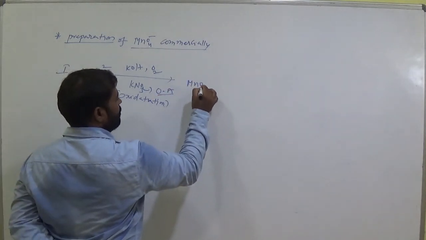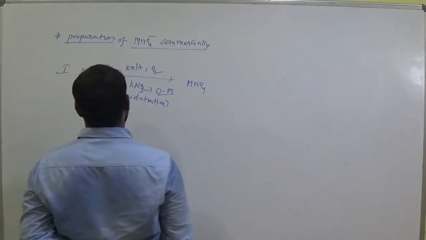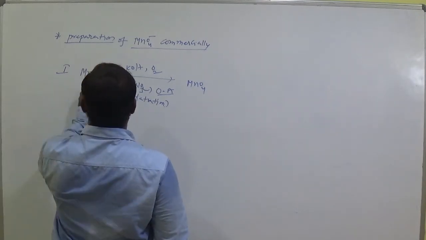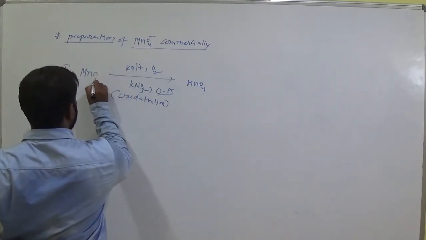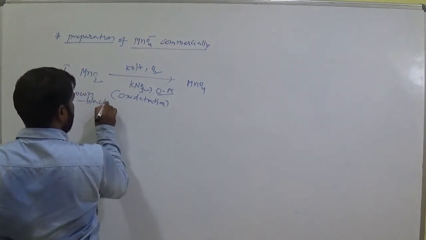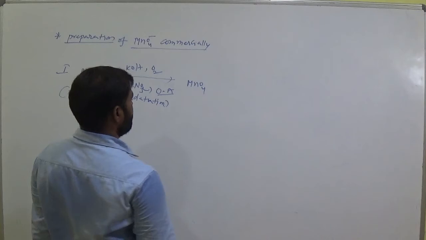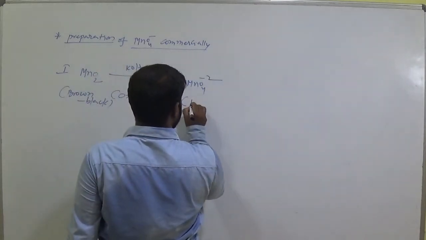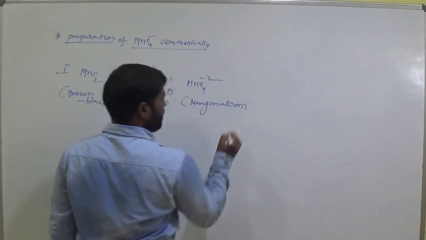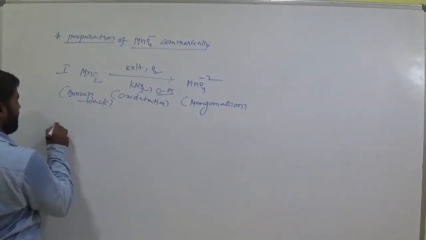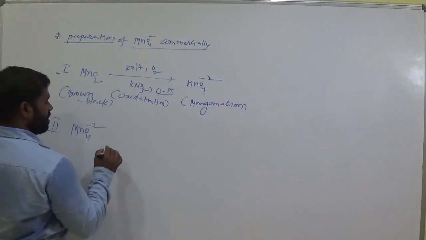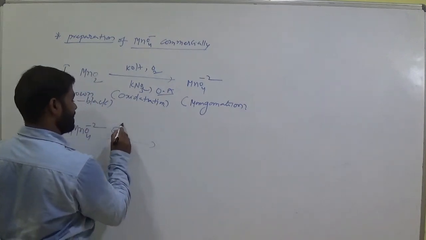It gives K2MnO4. This is manganese dioxide, MnO2, which is brown black in color. Clear, Mark 2? And this is MnO4 2 minus, manganate ion, clear.